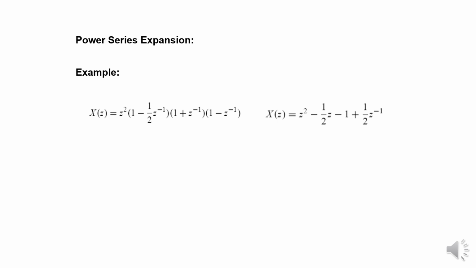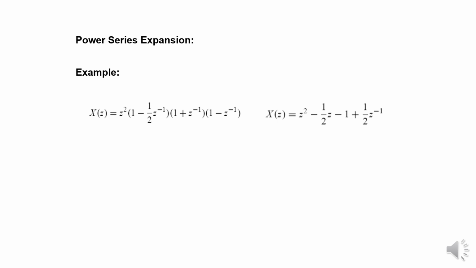You will have z squared, which corresponds to n equal to minus 2, since this is z to the power minus 2, which is z squared. So that term is for n equal to minus 2.